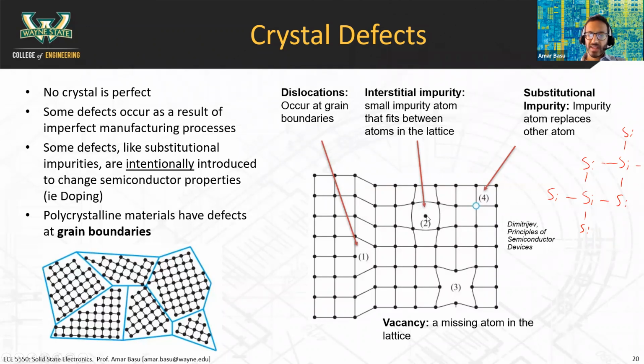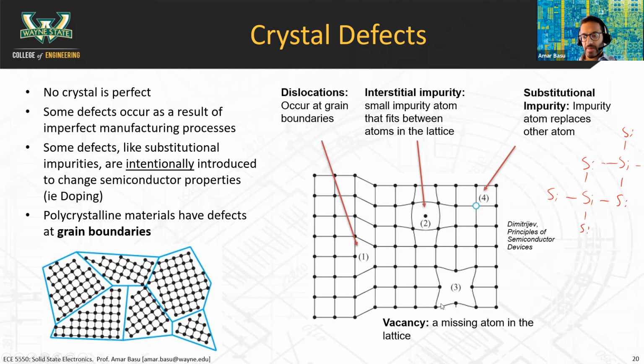Okay, so the existence of this impurity actually stretches out the lattice here because it has to make some space for this additional atom here. Okay, and so this changes the shape of the lattice. When you change the shape of the lattice, the electronic properties are going to change.